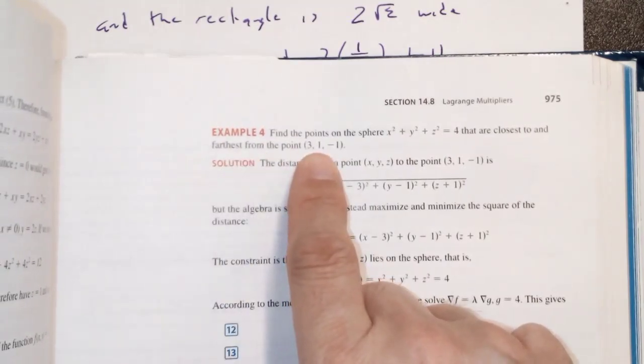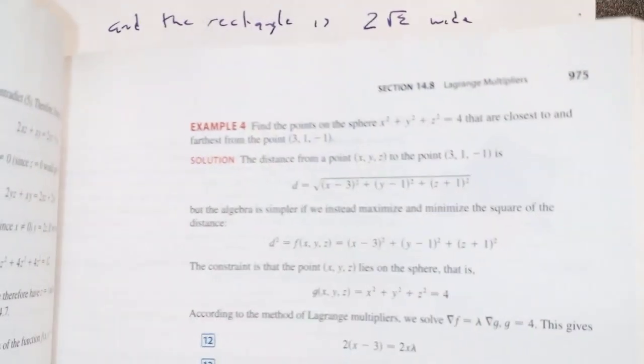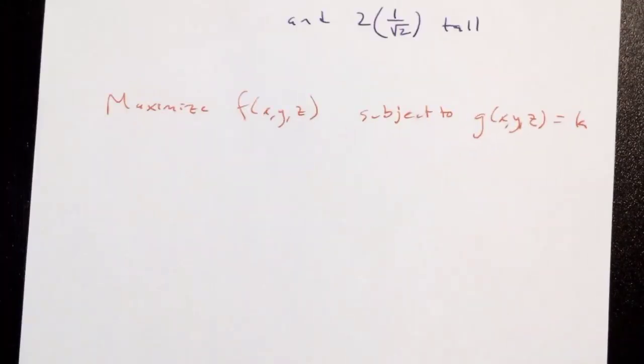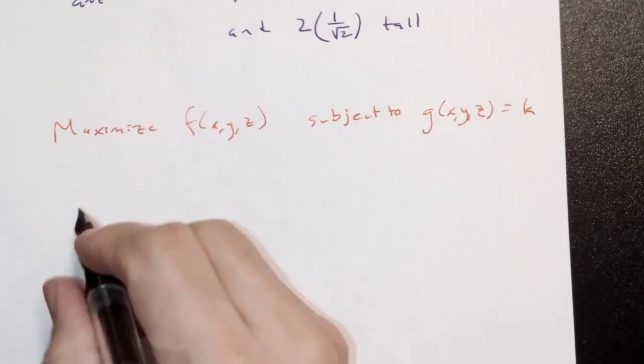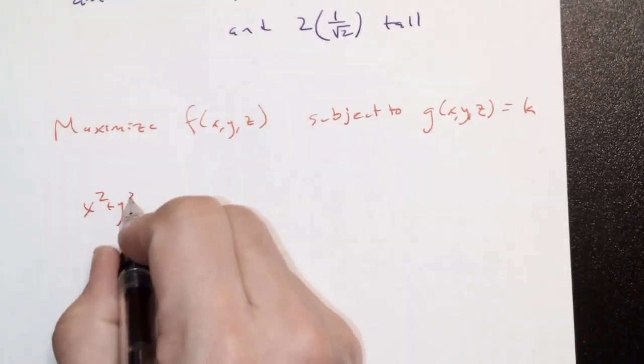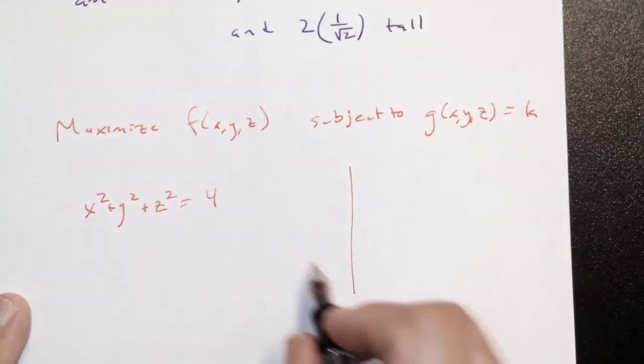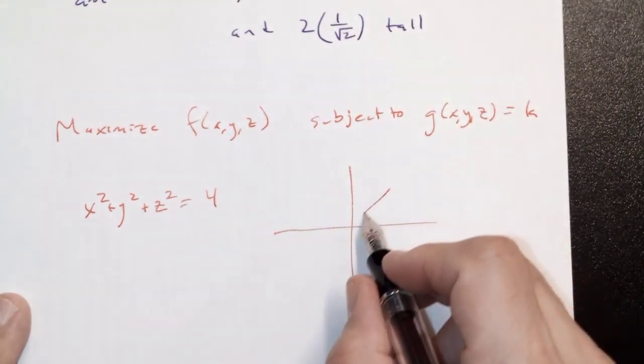What the? Okay, wait a minute. I need to see what's going on here. I need to draw a picture so I understand what's going on. The sphere x squared plus y squared plus z squared equals 4 is the sphere in 3D of radius 2.